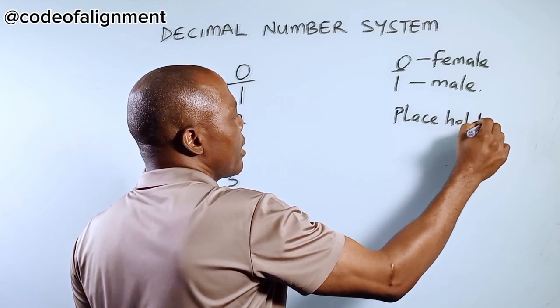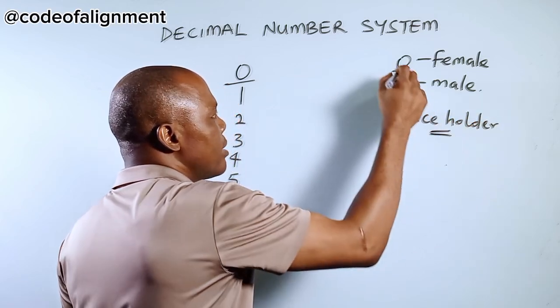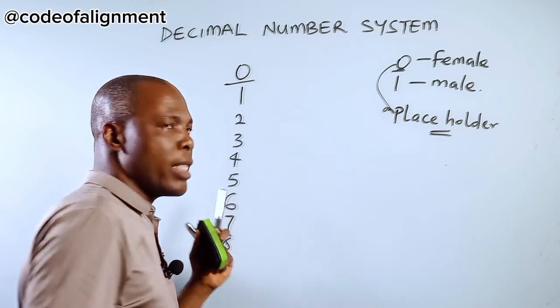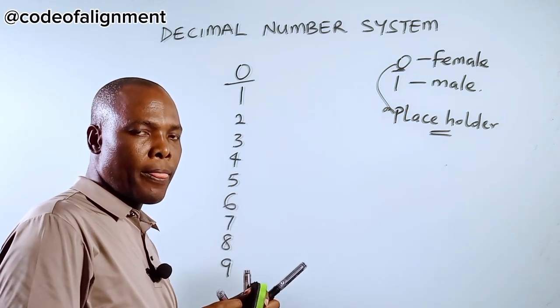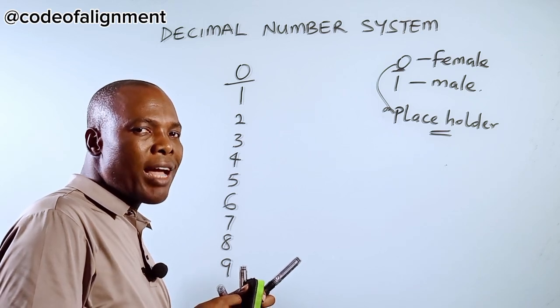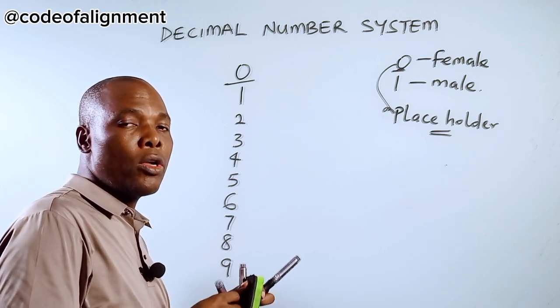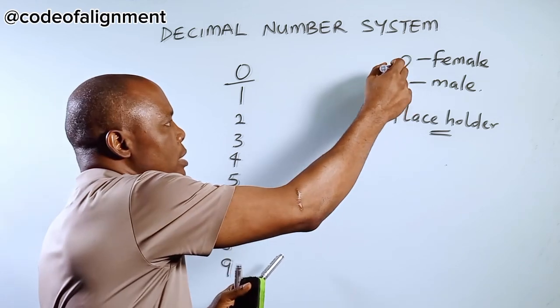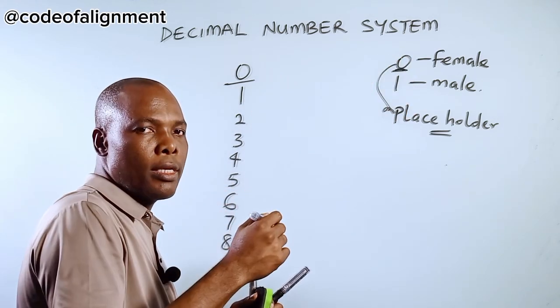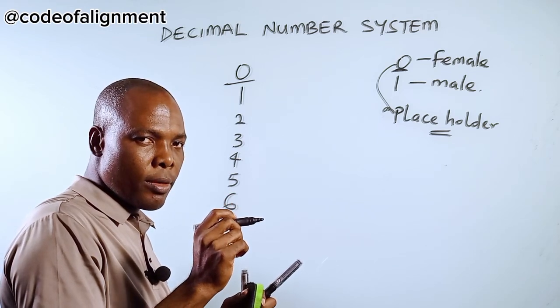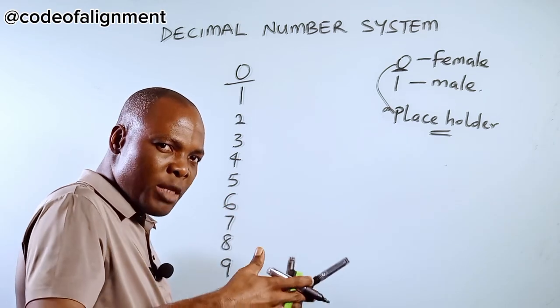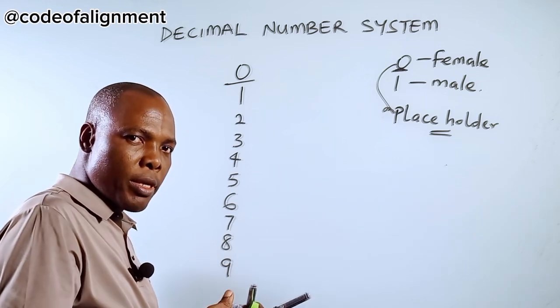Without this 0, no system in this civilization will survive. Everything will collapse. We would not have the system or civilization we are in if this symbol didn't exist. It's a placeholder, so it doesn't mean nothing. It's holding a space for something to come in.